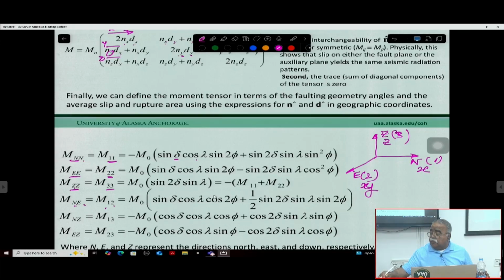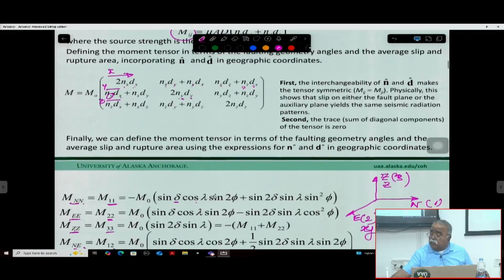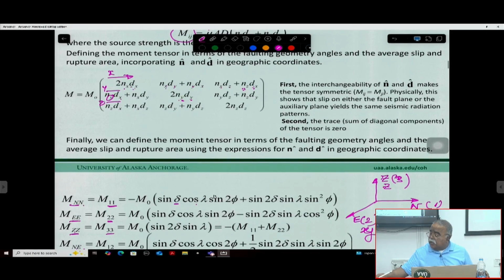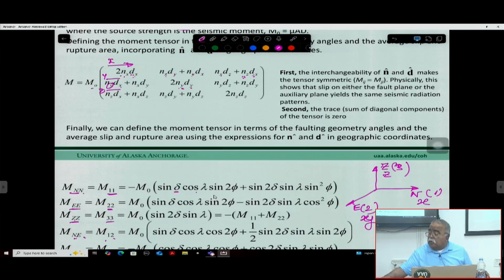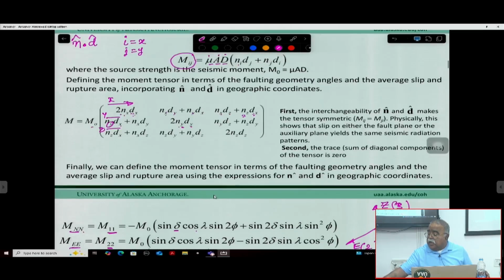In terms of all the values, you can put it in the n and d values. We have already calculated it here.